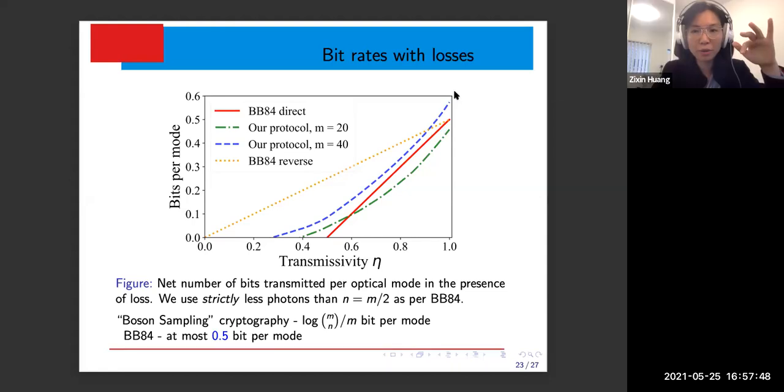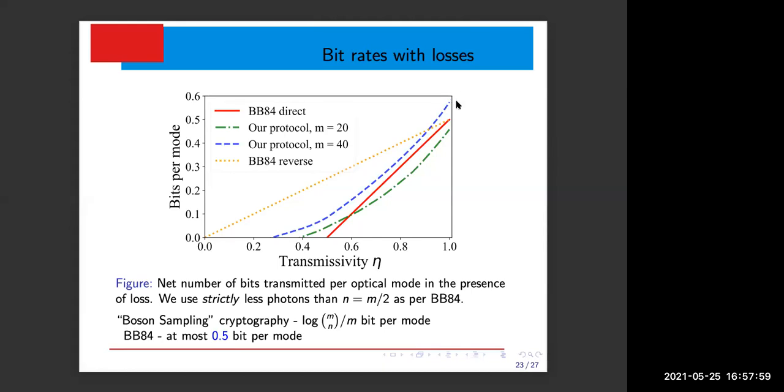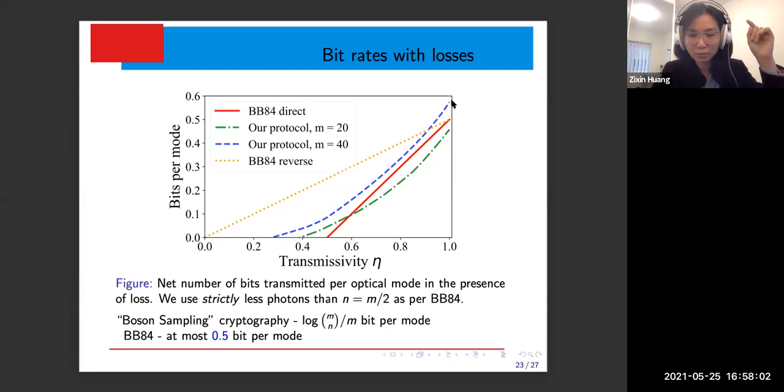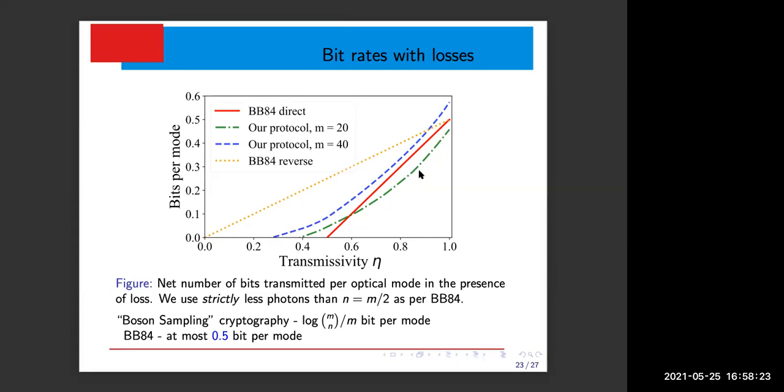For perfect transmission, at this point, can you actually see my mouse? Yes. At the perfect transmission, the number of photons is approximately 1/3 of the number of modes. So here n is approximately 13, and then it actually decreases depending on the loss parameter. We got very excited when we saw this, but once again, the PRL referees hated it.